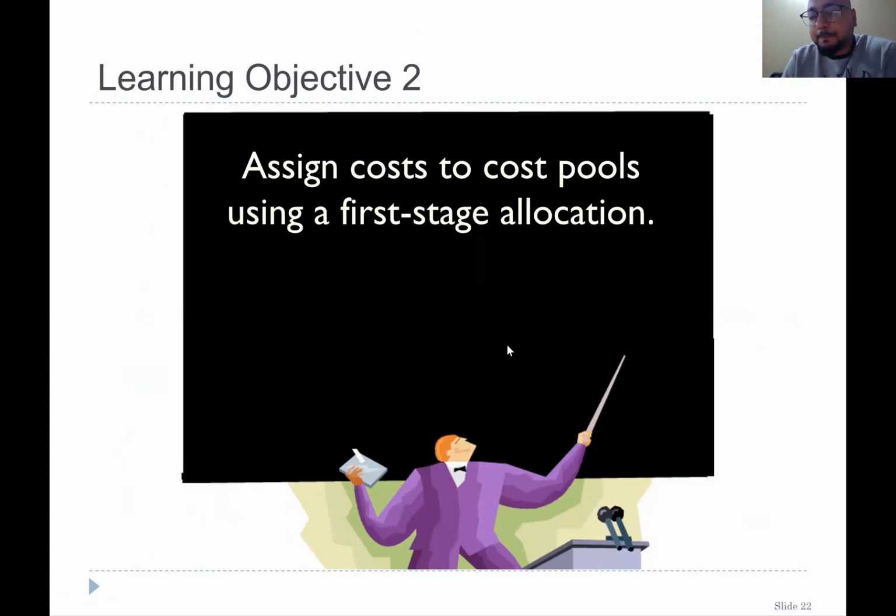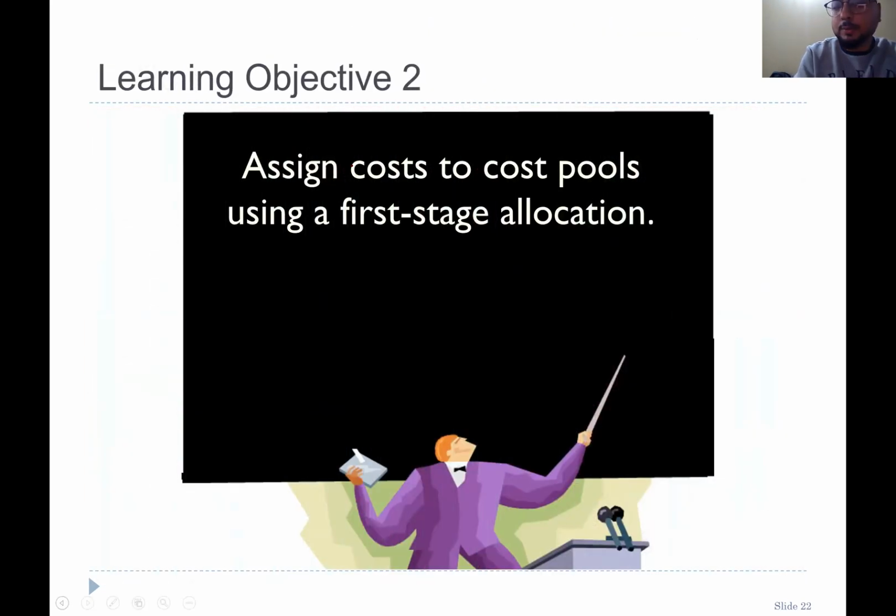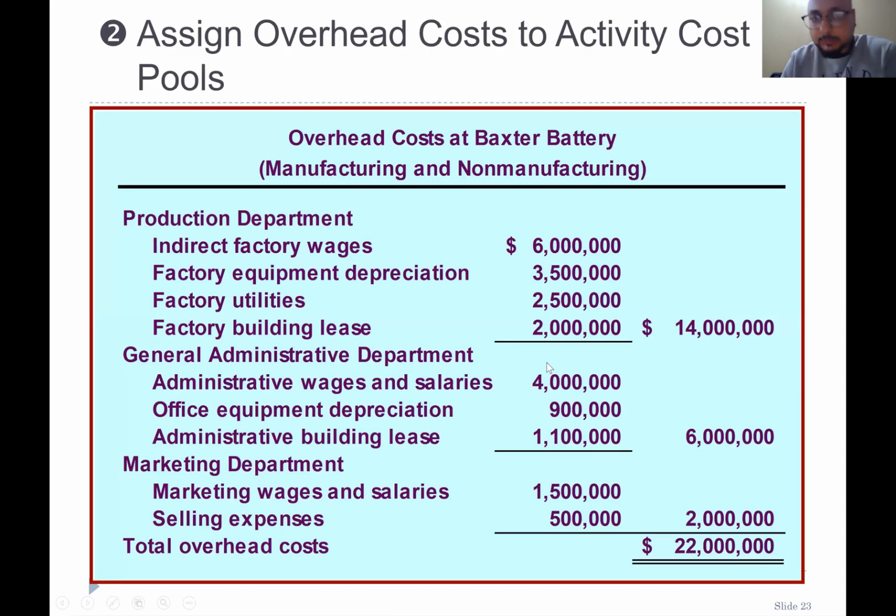We call the process of finding out the cost pool the first stage allocation. Let's see that. We have given the segregation of Baxter Battery's manufacturing and non-manufacturing cost.